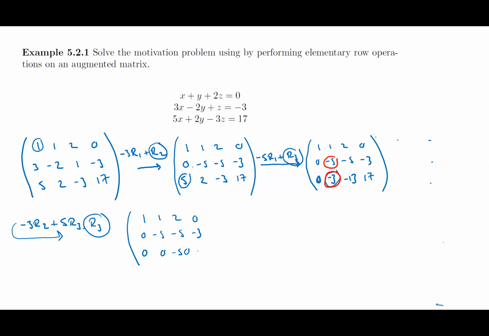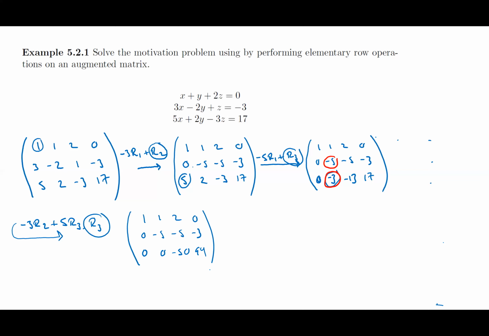And then don't forget, -3, right? We're changing row 3 here. So -3 times row 2. It's -3 times -3 is 9. Okay. So 9 plus, we get 94 there. So look where I am, right?